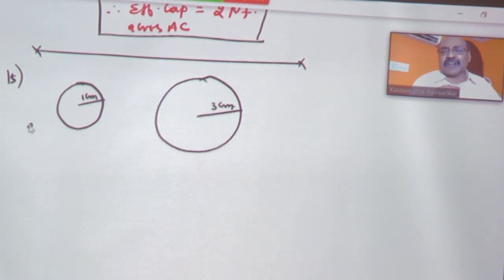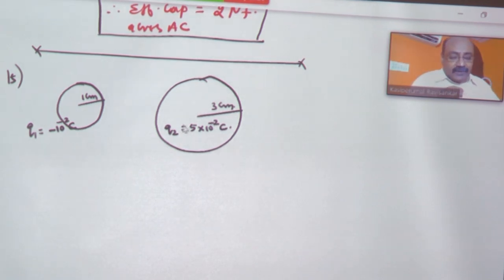One of the charges, let us consider this as Q1, which is minus 10 power minus 2 coulomb, and here the charge is Q2, which is 5 into 10 to the power of minus 2 coulomb. Now these two spheres are connected with a conducting wire.